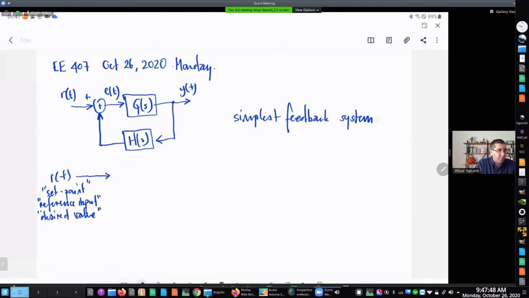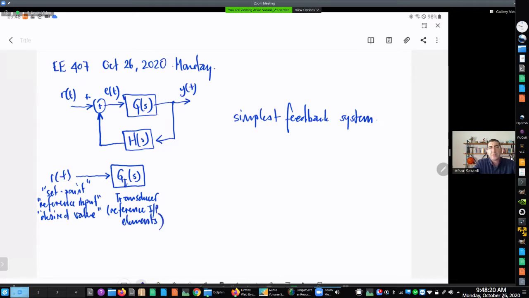somehow becomes converted, and this is done by simply passing it through a transfer function Gi of S, and what is in here is some kind of a transducer. Everything inside is essentially reference input elements.